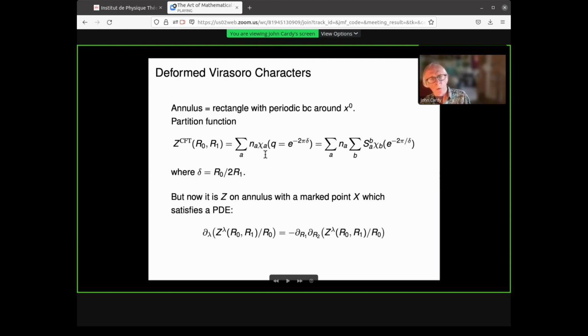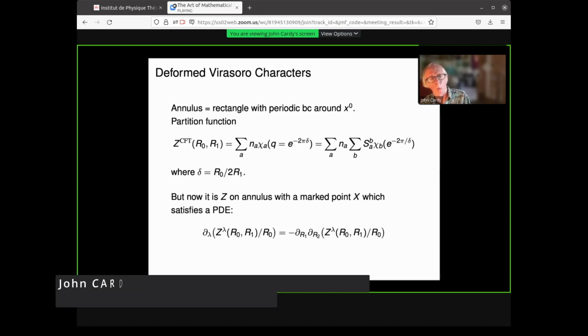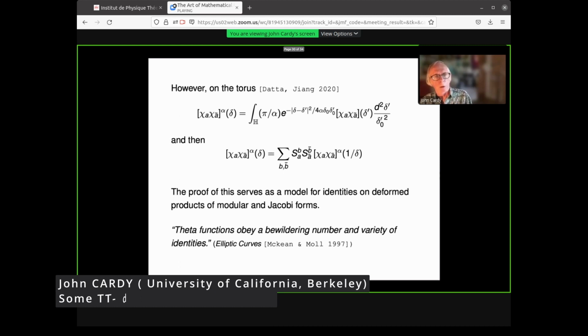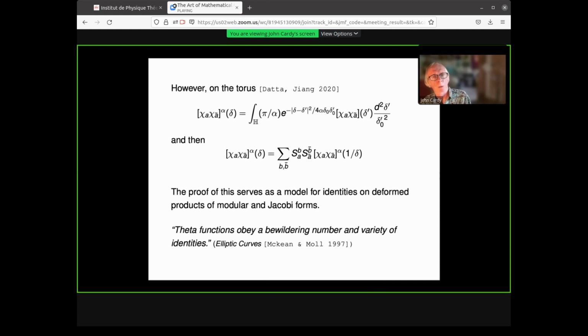So as it all works out, you can also apply it on the torus in general to products of characters, which of course is what appears when you compute the partition function on the torus.